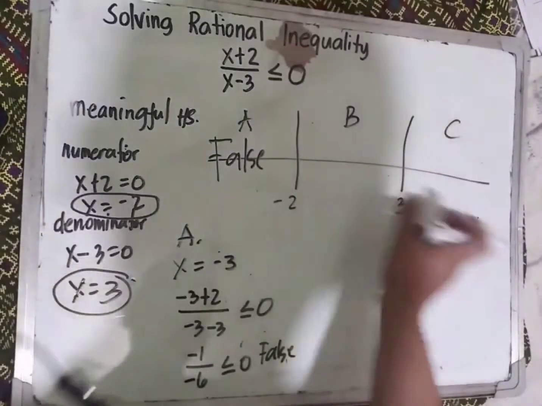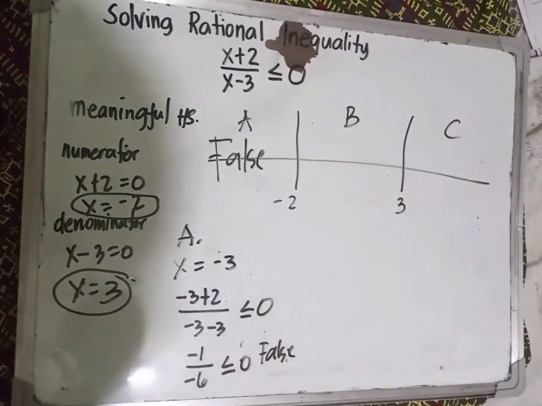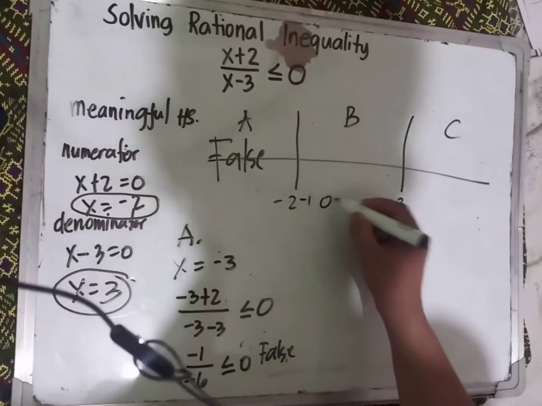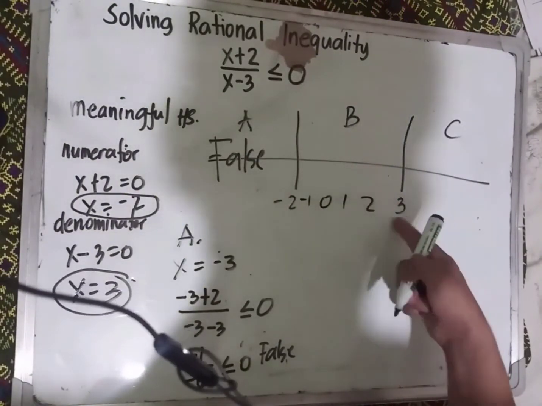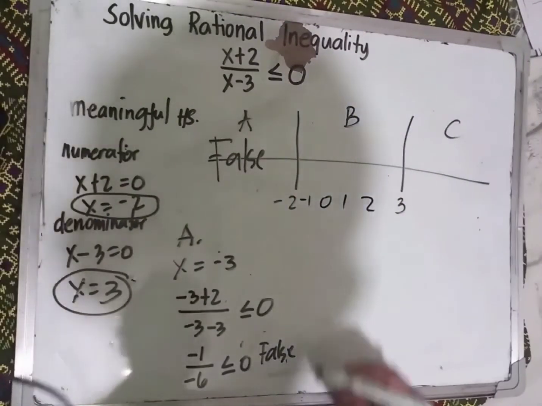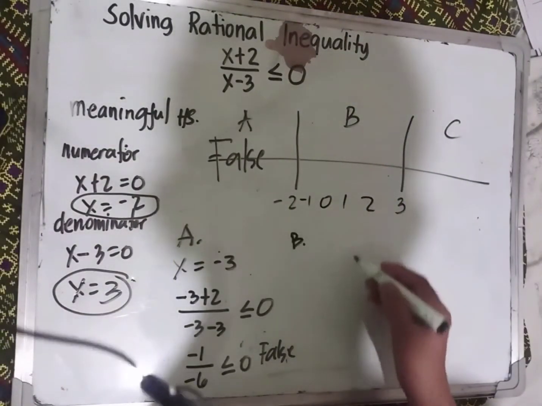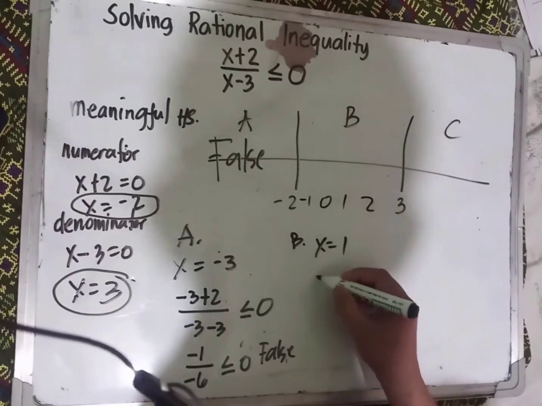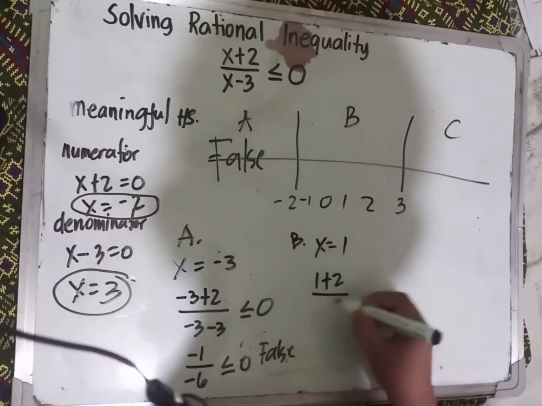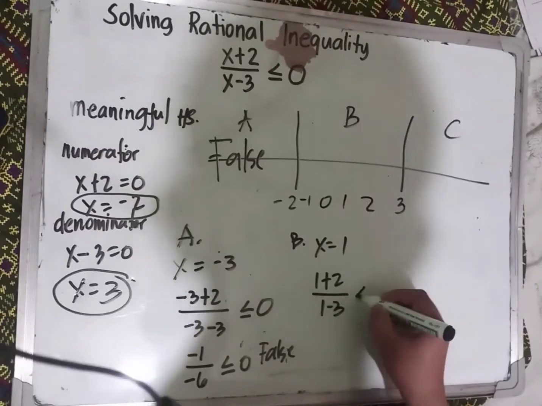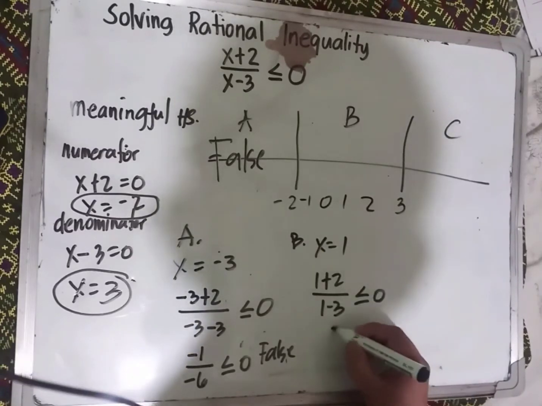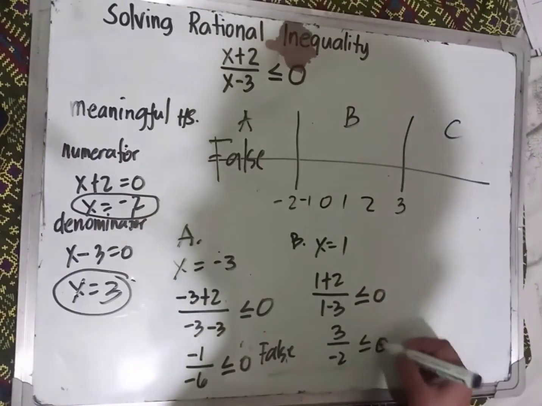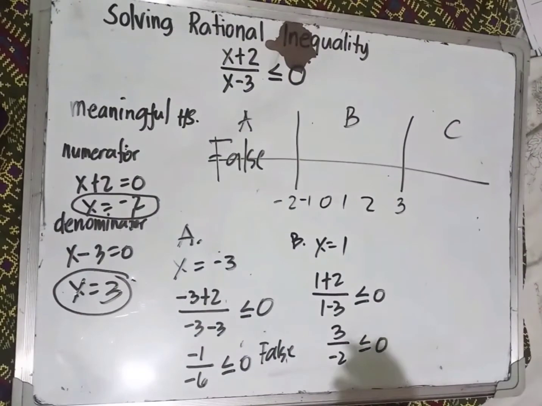How about interval B? Any numbers belonging to interval B, such as negative 1, 0, 1, 2. For example, x is 1. So (1 + 2)/(1 - 3) ≤ 0, which is 3 over negative 2 ≤ 0.